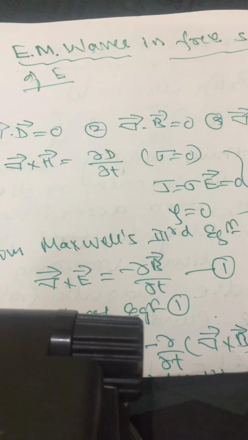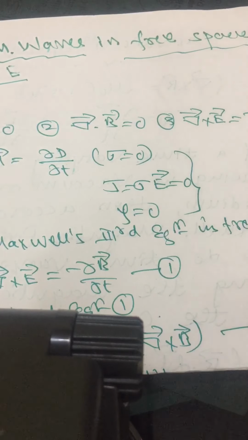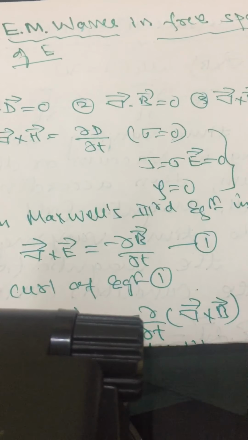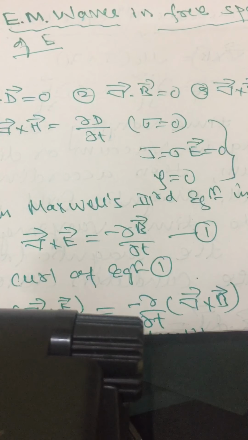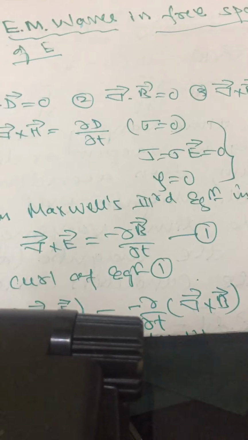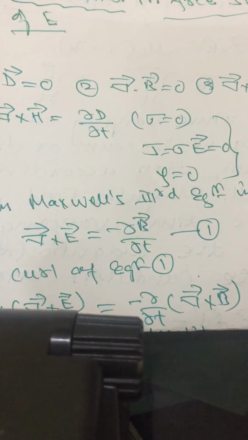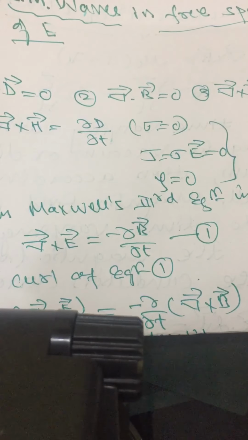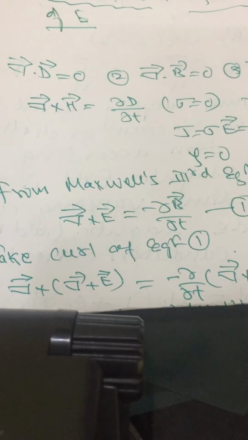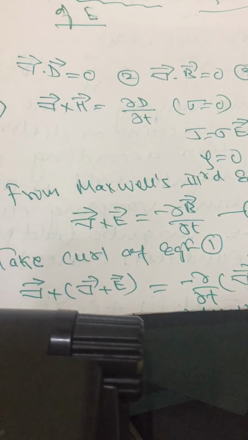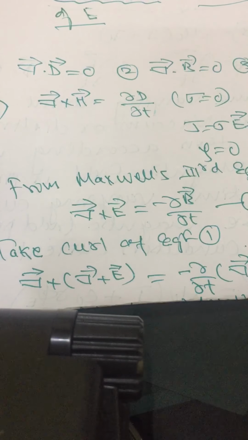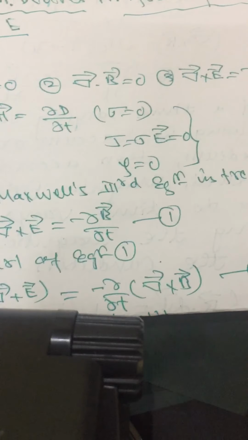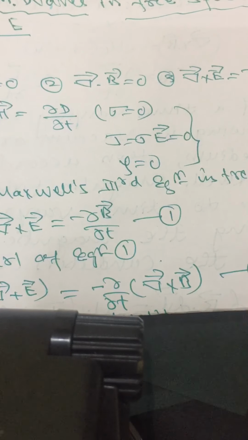In order to derive the EM wave equation in free space in terms of E, you should take Maxwell's third equation, del cross E is equal to minus dou B by dou t, which you call equation 1. Now you have to apply the curl on both sides, taking the curl of equation 1: del cross del cross E is equal to minus dou by dou t of del cross B, which you call equation 2.